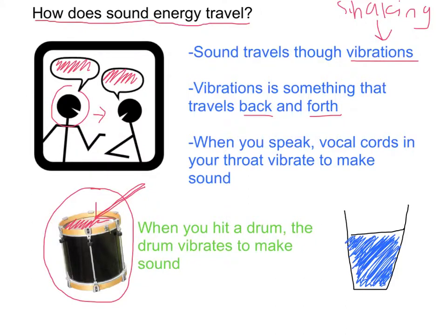That was because of the sound the dinosaur footprints were making as the dinosaurs walked towards them. The sound was traveling through vibrations, which made the water shake as well. So the important thing to remember for sound energy is that sound energy travels through vibrations. Vibrations is a really, really important word for sound.